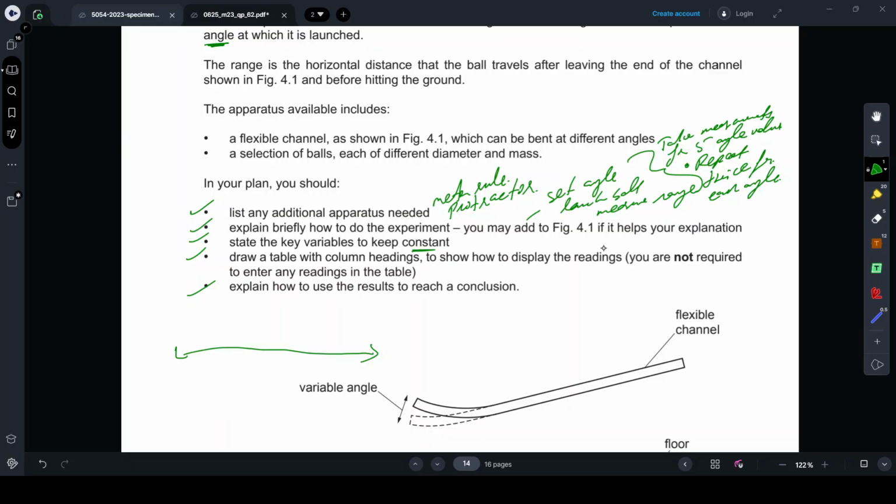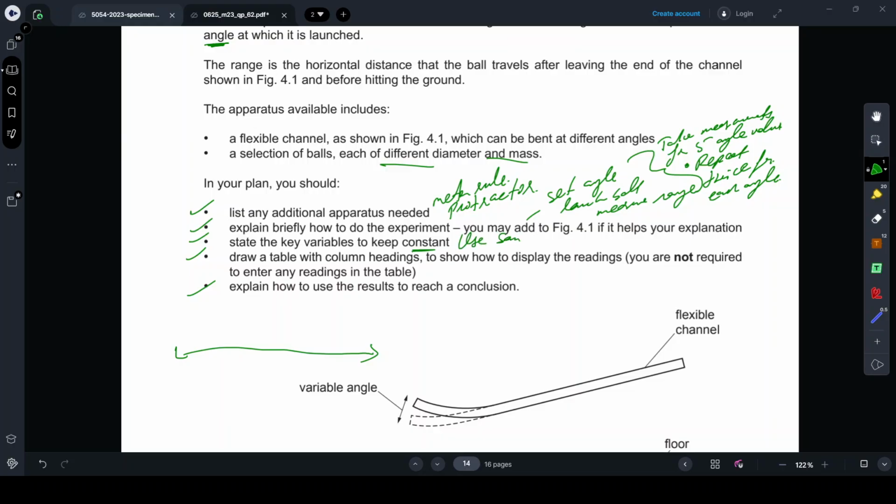What are you going to keep constant? You're going to keep, for example, the mass of the ball constant, or the diameter of the ball constant, because you have balls of different diameter and mass. So every time you want to use the same ball.